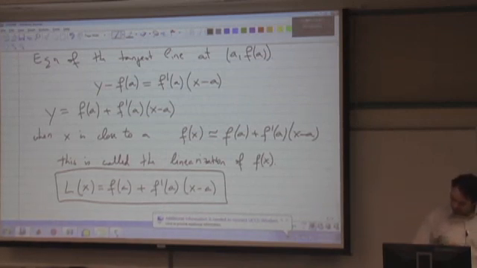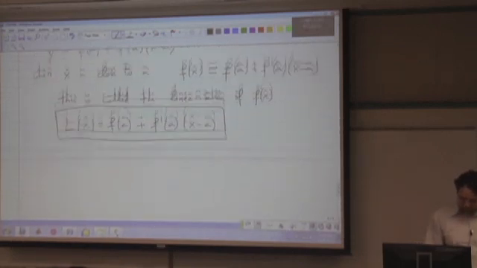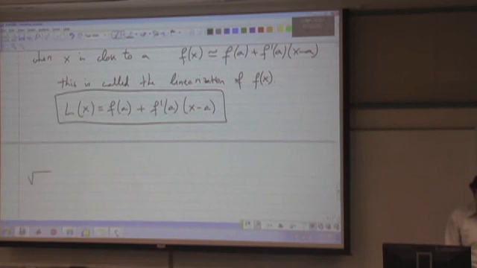So, as a question, for instance, what happens if you want to guesstimate the square root of 3.98?